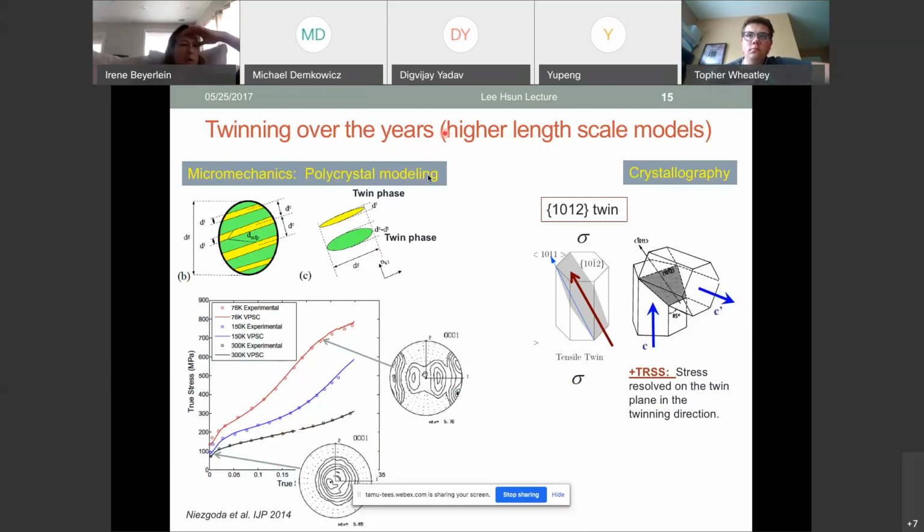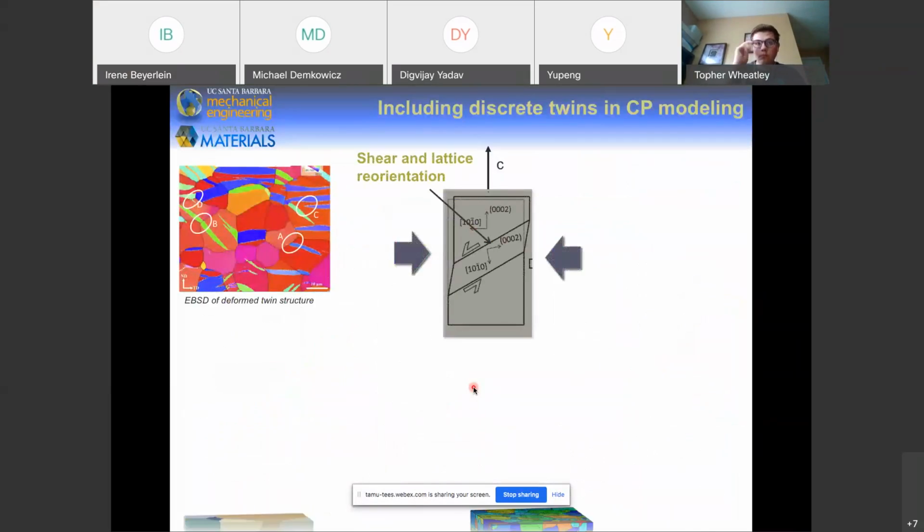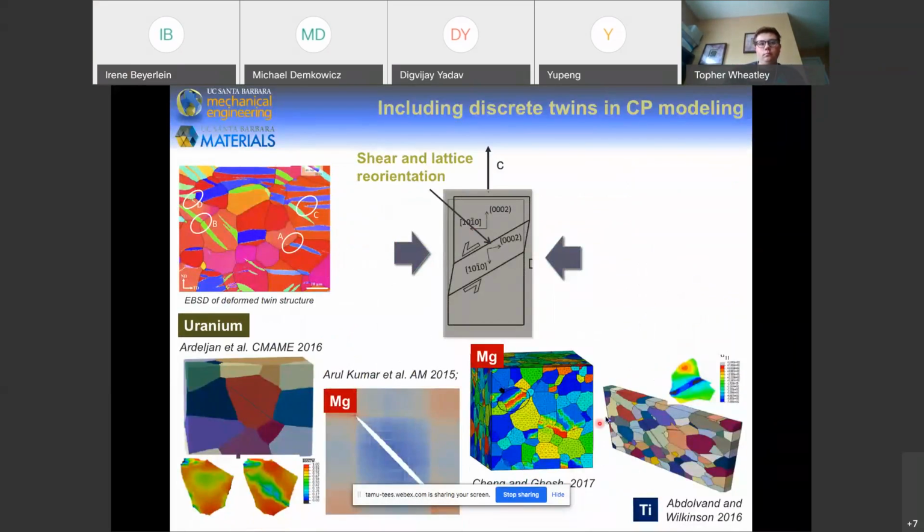So that's different than, I would say, a continuum scale model, which doesn't provide as much information as more of a micromechanics based model. For instance, crystal plasticity theory falls within micromechanics. And so there's been a variety of crystal plasticity or micromechanics based models for twins that are three-dimensional, spatially resolved, and microstructure sensitive.